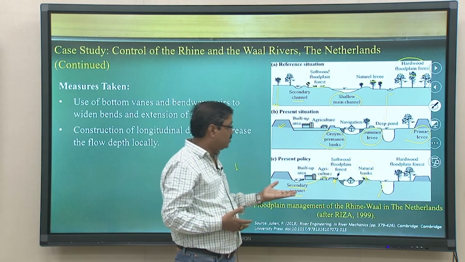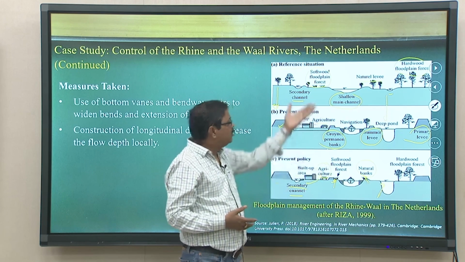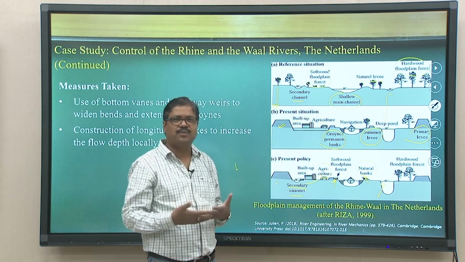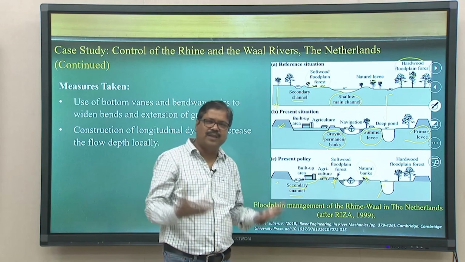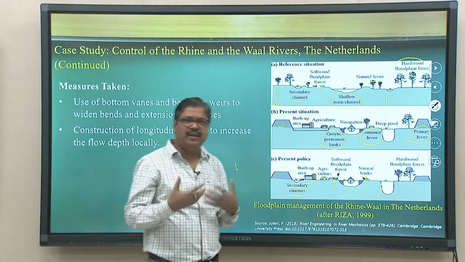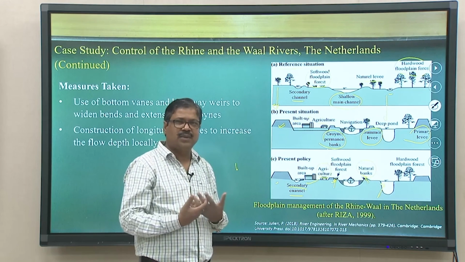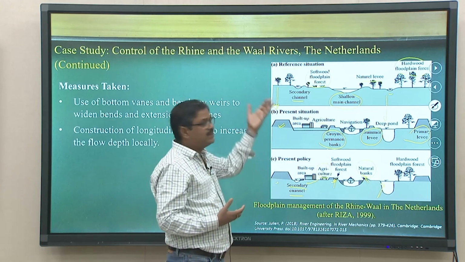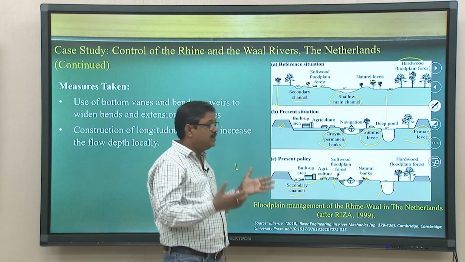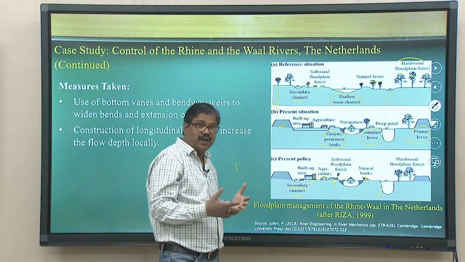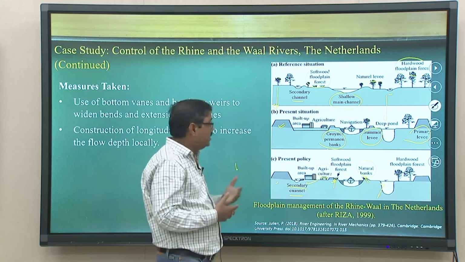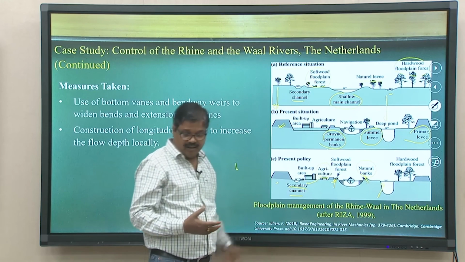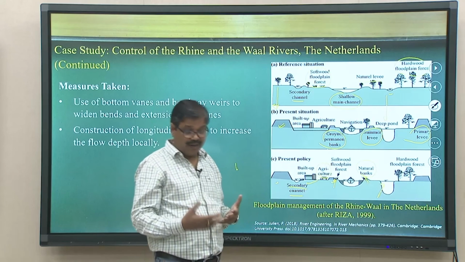You can activate the secondary channels with all these control systems. We can make them natural channels, and this way we can go back as close to natural as possible, because that is the basic idea of any river engineering specialist, to make it as natural as possible. That is the reason we need river corridor management, not just river management, where you can talk about these things in a sustainable way to manage the rivers.